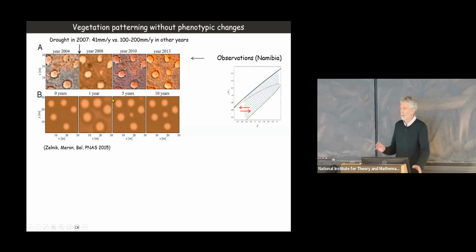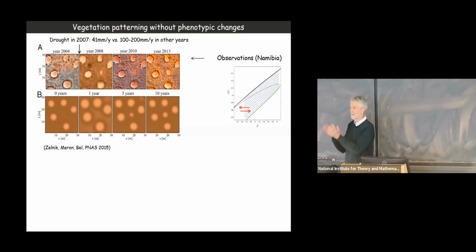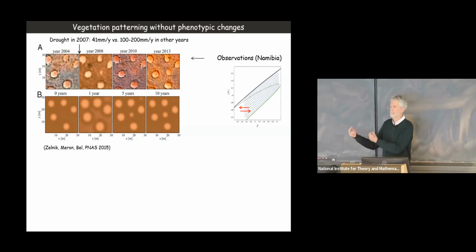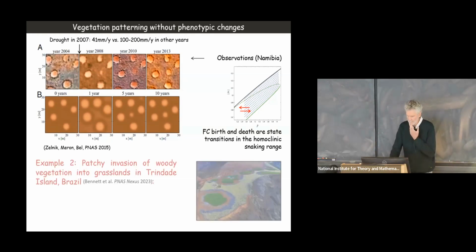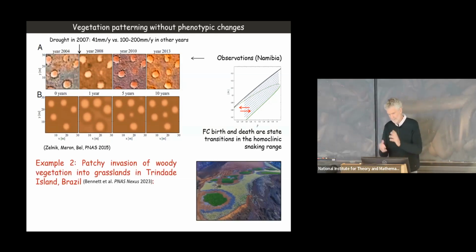But in order to get that, we had to start within the homoclinic snaking range, let the drought take us out of that range, and when the drought is over, go back to it, but to a different solution branch with more gaps. So this tells us that fairy circle birth and death are basically state transitions in the homoclinic snaking range. So this is one type of insight that the model gives us.